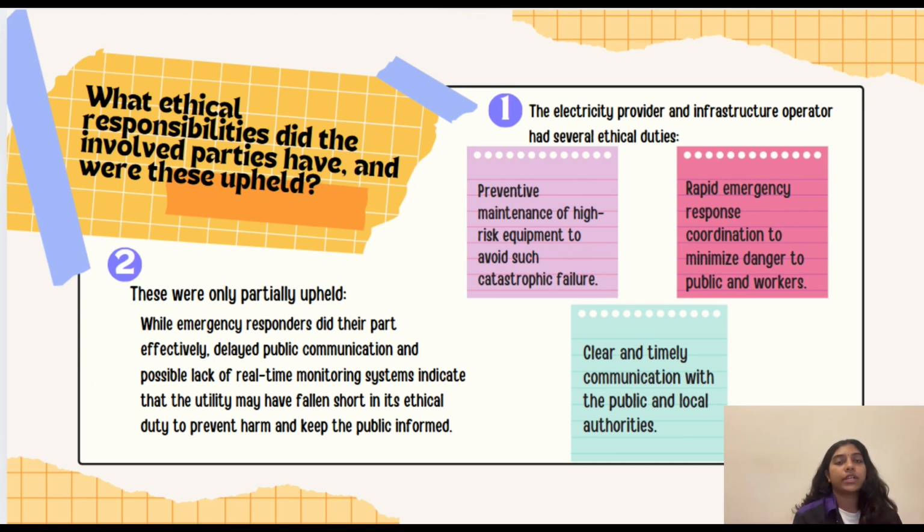But these were only partially upheld. While emergency responders did their part effectively, delayed public communication and possible lack of real-time monitoring systems indicate that the utility may have fallen short in its ethical duty to prevent harm and keep the public informed.